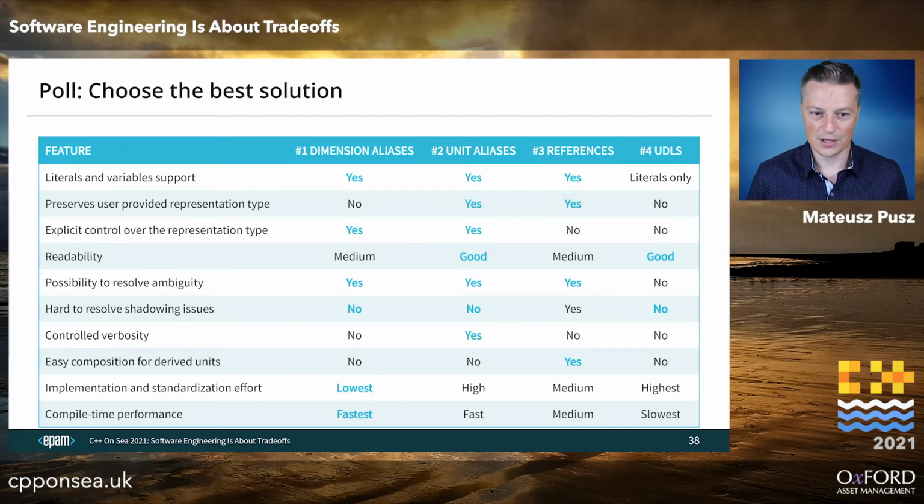Like M, N, and so on. Controlled verbosity, easy composition for derived units, implementation and standardization effort, and compile time performance. And let's see which one would you like to see in the future standard version.